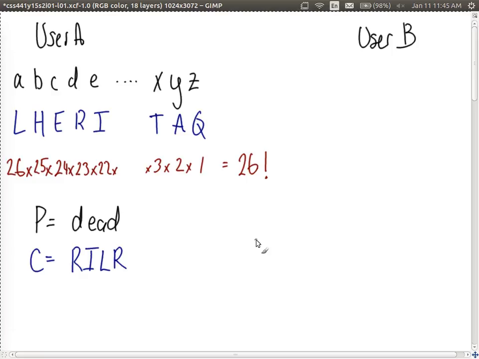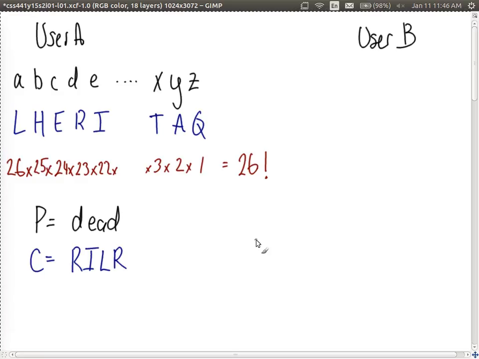Because what the attacker has to do, in this case in a brute force attack, if we have a large plain text, is try all possible mappings. How many possible mappings are there? 26 factorial. Caesar's cipher had 26 possible mappings: shift to the left, shift to the right by 0 positions, or 1 position, or 2 positions. This monoalphabetic cipher has 26 factorial possible mappings.